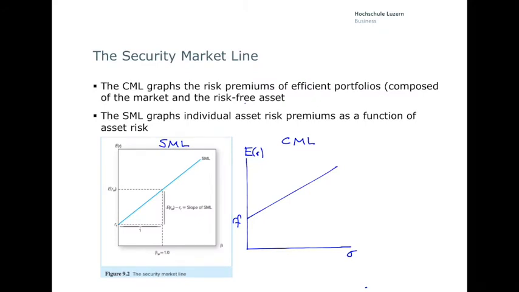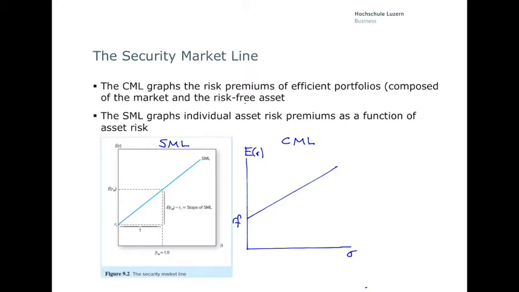The security market line. The expected return beta relationship can be portrayed graphically as a security market line, SML. Because the market beta is 1, the slope is the risk premium of the market portfolio.